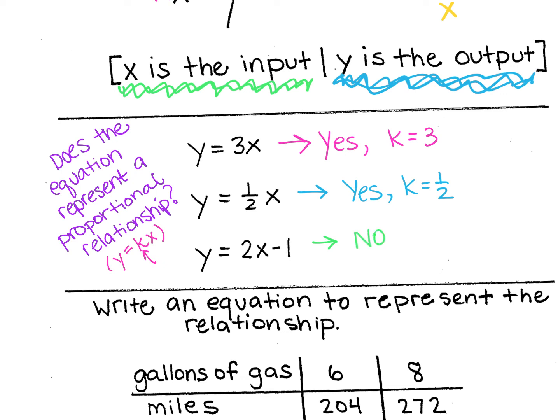No, it does not. Here's why. This -1, that is not in the pattern here. So we're going to say no, it isn't in the form y equals kx. There's that extra -1 there.